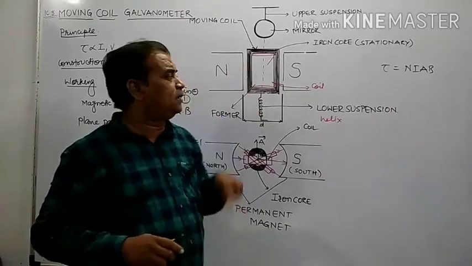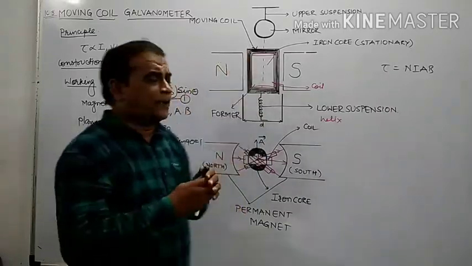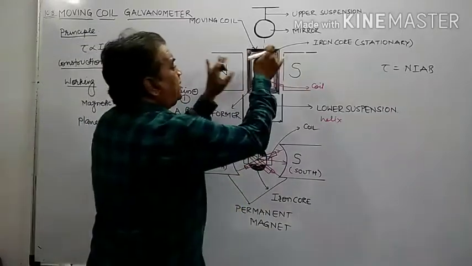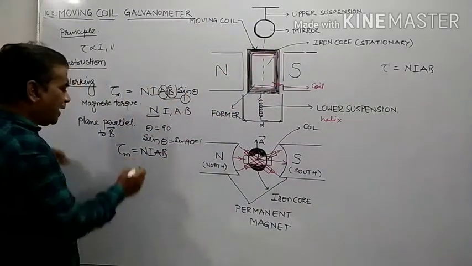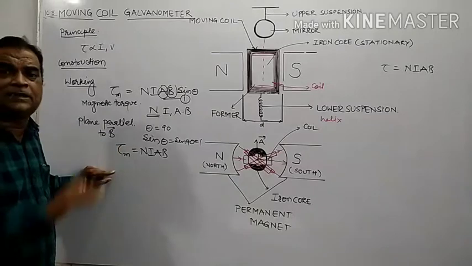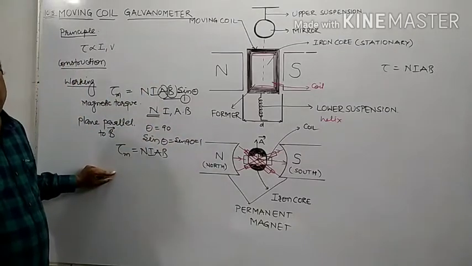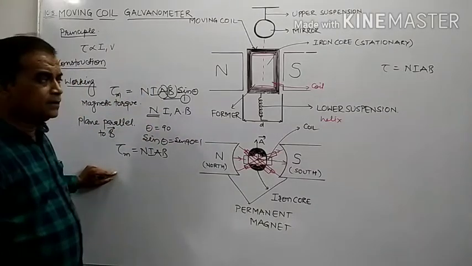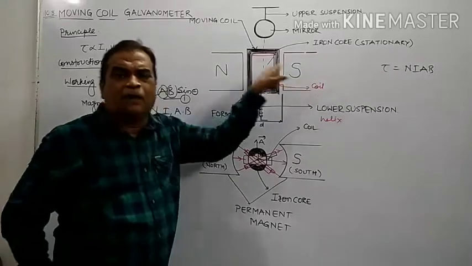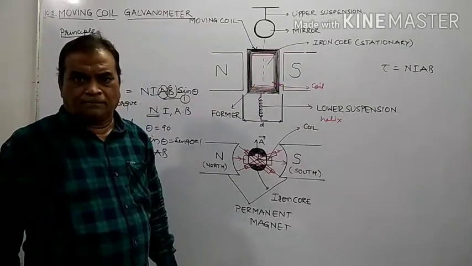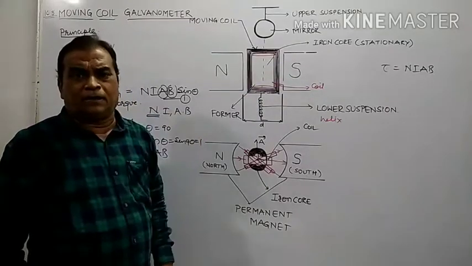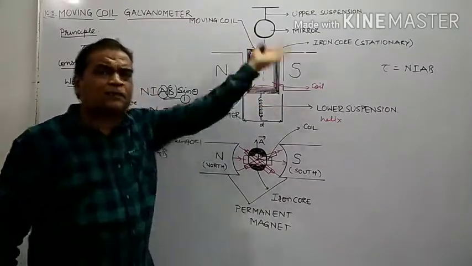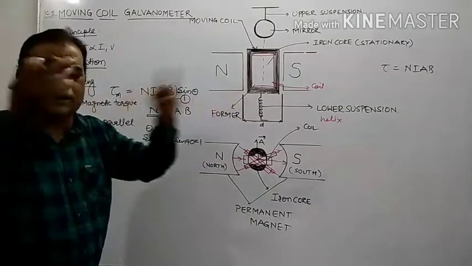This is possible only when those springs are exerting a restoring torque on the coil. Which means the effect of the magnetic torque is counterbalanced by the torque exerted by the spring on the coil. So that counter torque is known as a restoring torque.